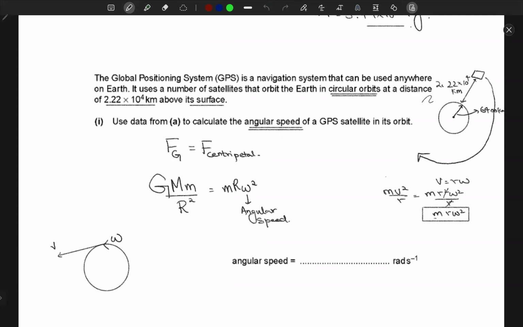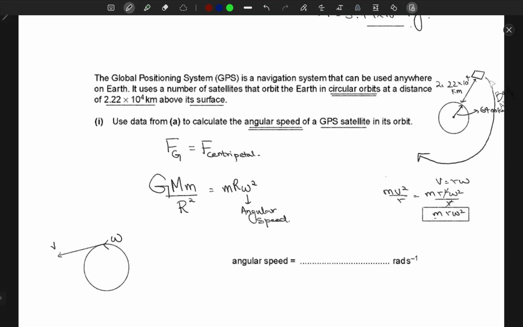Above the surface of the Earth, the satellites are orbiting at a distance of 2.22 times 10 raised to power 4 kilometers, in a circular trajectory. We are asked to calculate the angular speed of a GPS satellite in its orbit.